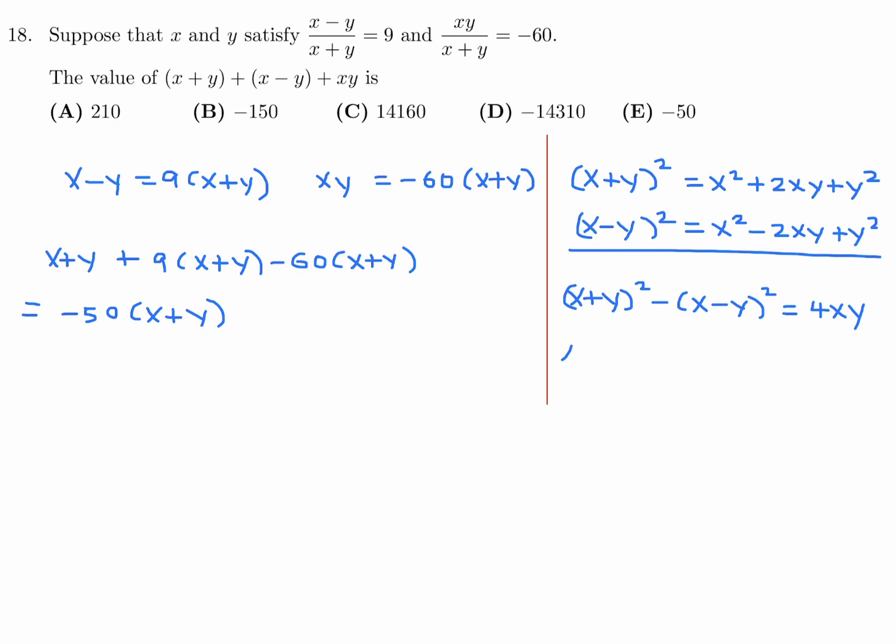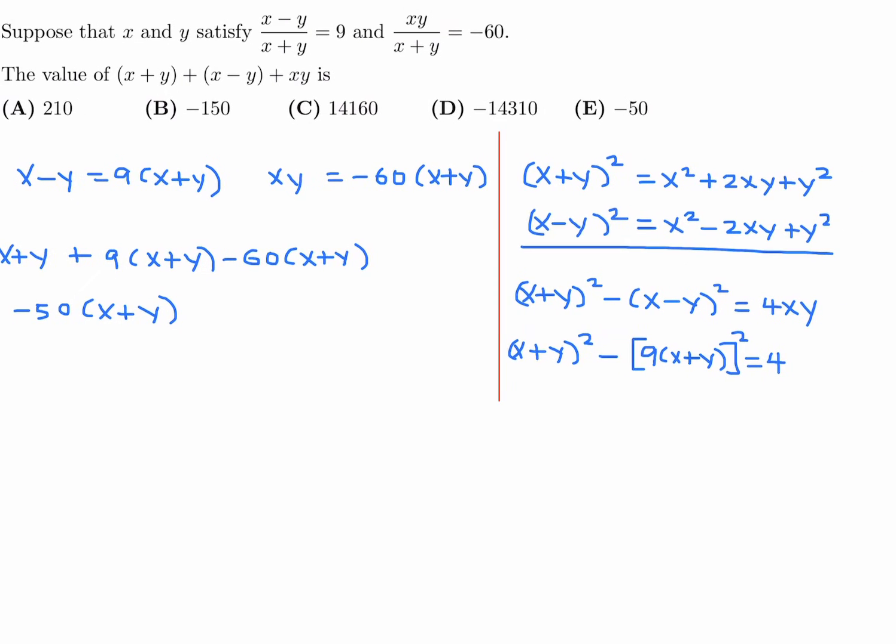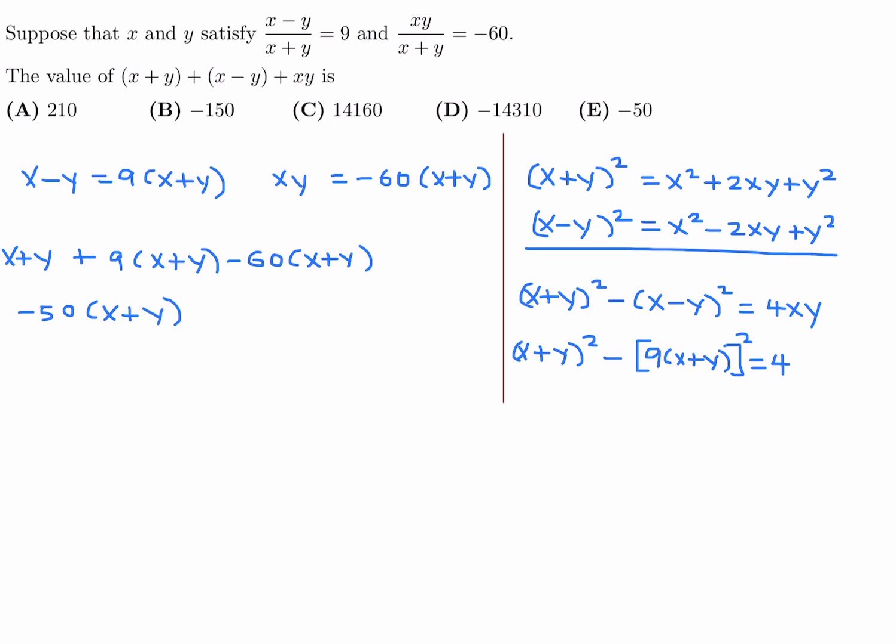X plus y squared, we can leave that alone for now. Minus x minus y squared, that's this one, so 9 times x plus y, all squared. And then 4 times xy. Xy is this right here, so minus 60 times x plus y.